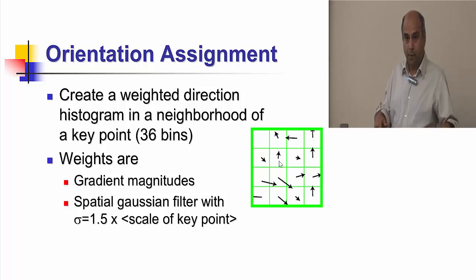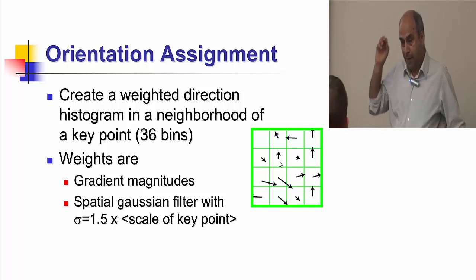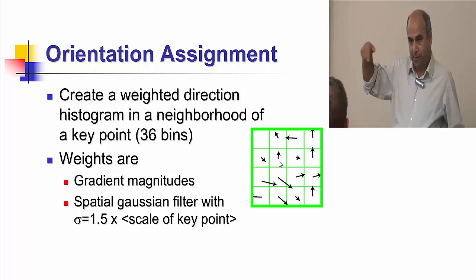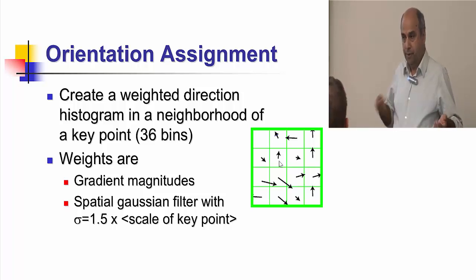And you wrote a program already in the first assignment. You can take an image, find the gradient direction and gradient magnitude, and then it is obvious that you can quantize those directions in 36 bins and find the histogram. You just count. So it's pretty easy.